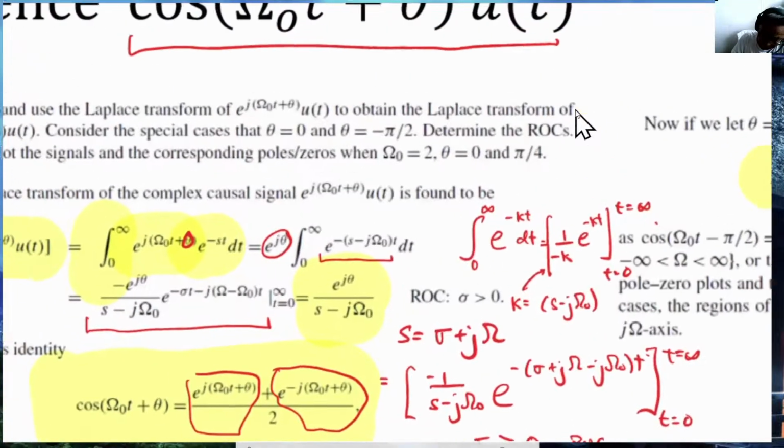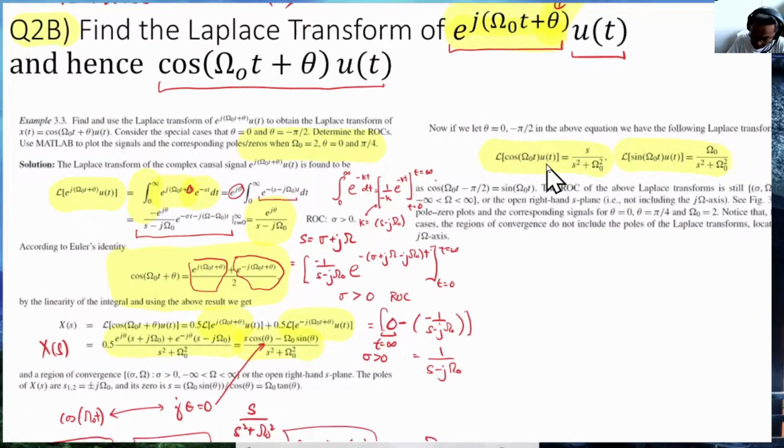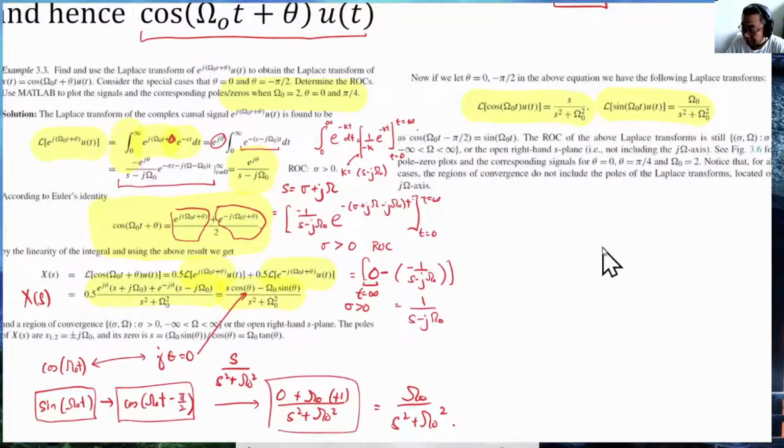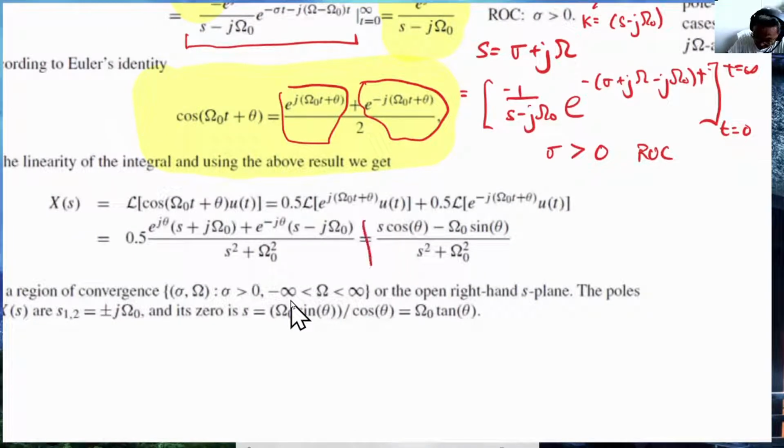The question further asks us to find the poles and zeros for omega naught equals 2, theta equals 0, as well as theta equals pi over 4, and plot the corresponding poles and zeros. To do so, we must study this expression and find the values of s that make the numerator 0, which will be the zeros. The poles are the values of s that make the denominator 0.